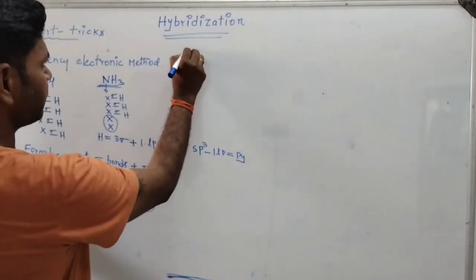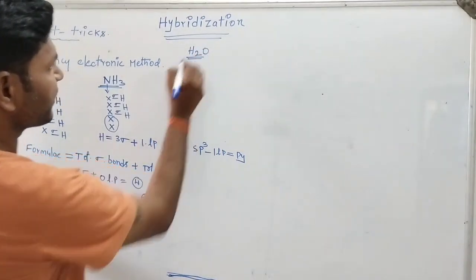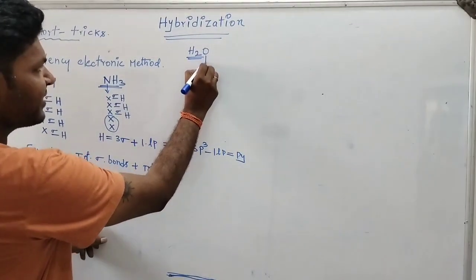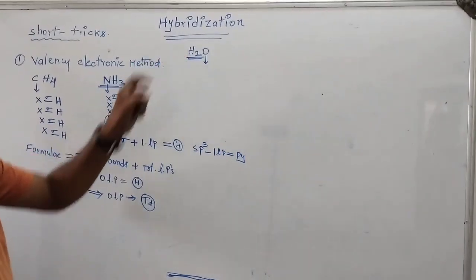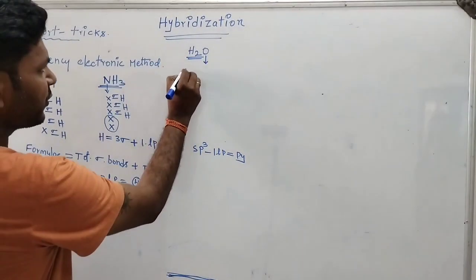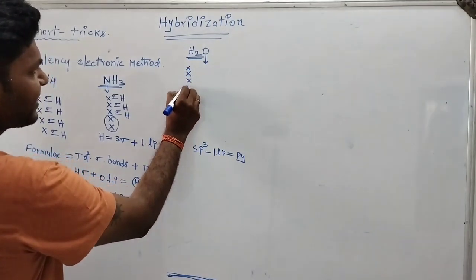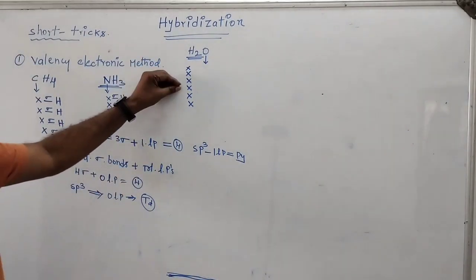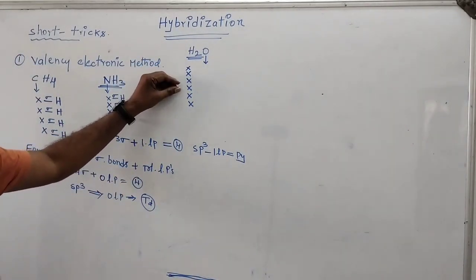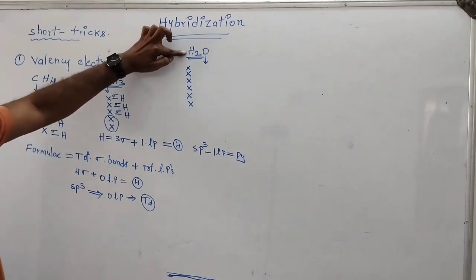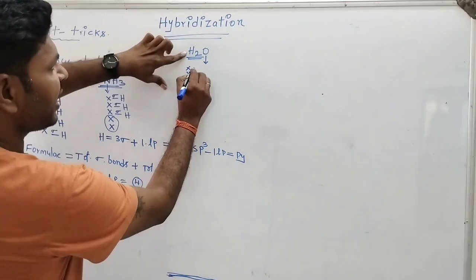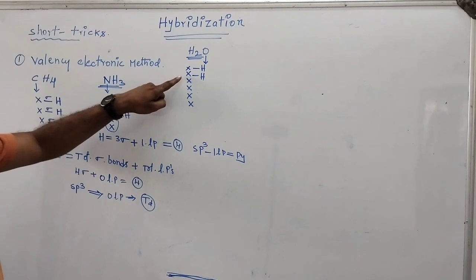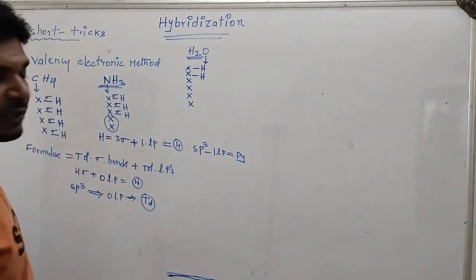Next. If you take the H2O molecule, water, oxygen is the central atom. The central atom's group number is 6th group, so we will draw 6 electrons. Once you draw the number of electrons equal to its group number, we go for the surrounding atom, here hydrogen. Hydrogen valency 1, so 2 sigma bonds. Next, the excess electrons are 4.